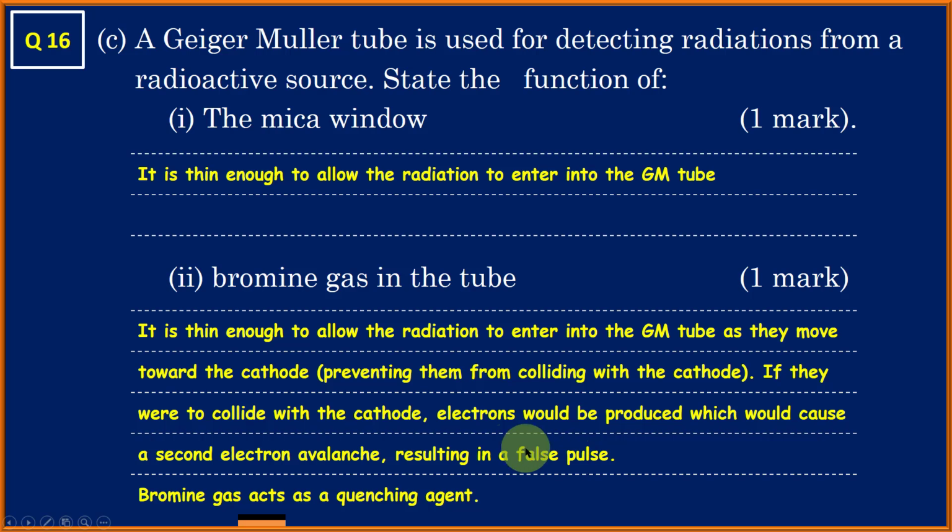So there is need to prevent these electrons from being produced. There is need to prevent these positively charged ions from making contact with the cathode. And that is why we use bromine gas. It acts as a stop. It prevents the positively charged ions from making contact with the cathode and thus acts as a quencher. It is a quenching agent.